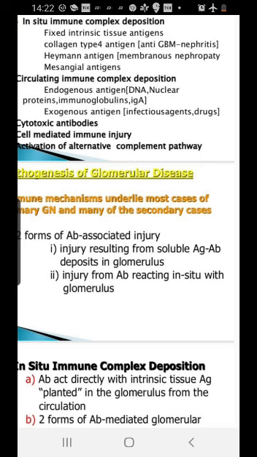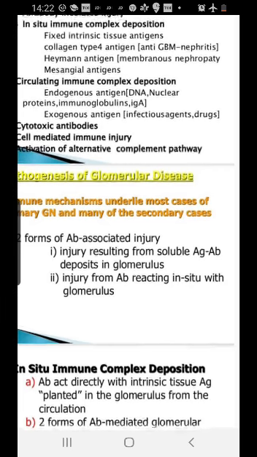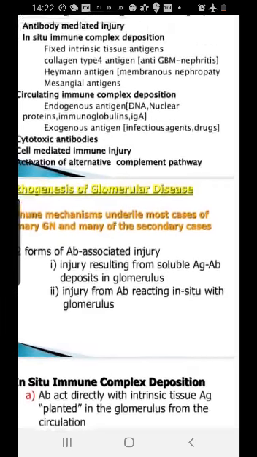The second one is the antibody reacting against the antigen which is already present inside the glomeruli. The very common example for the second one is the anti-GBM disease or the Goodpasture syndrome. What happened in Goodpasture syndrome?